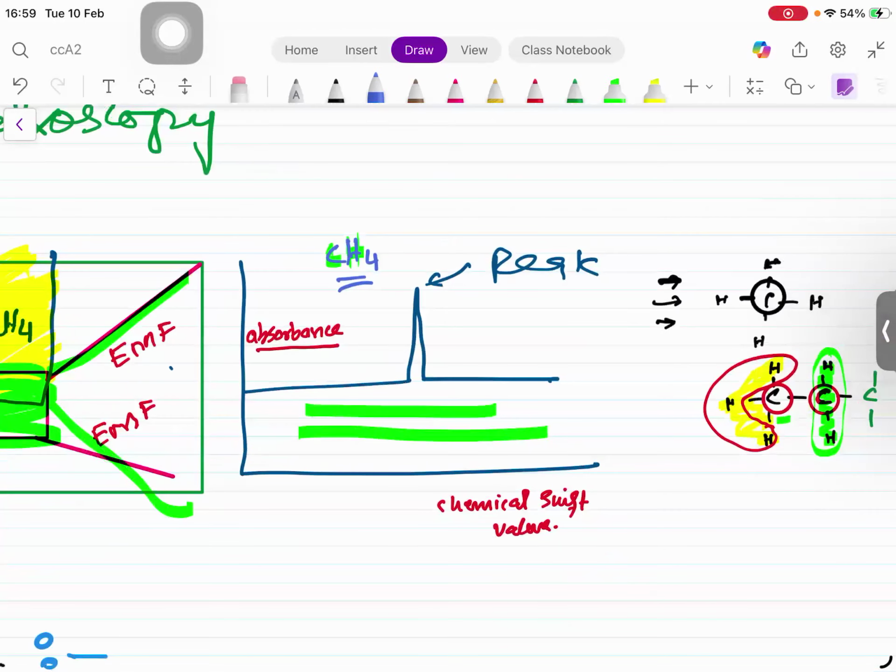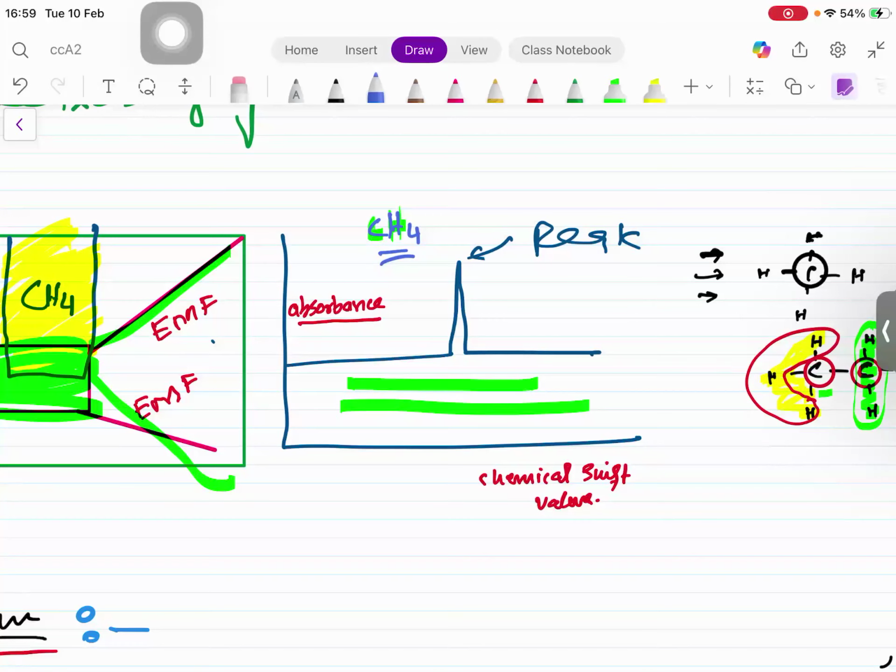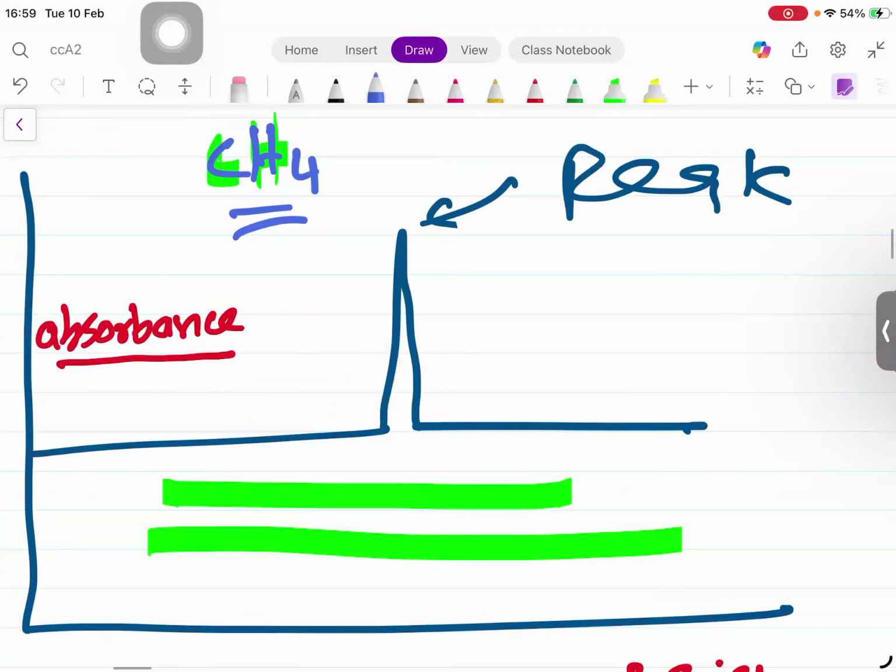So the first rule is, whenever we look at the spectrum, the question is going to come like this. They'll show you a spectrum and ask you to find out which compound it is. First you will see that these lines known as peaks represent hydrogen, but not one single hydrogen. They represent the number of hydrogens contributing towards that peak.